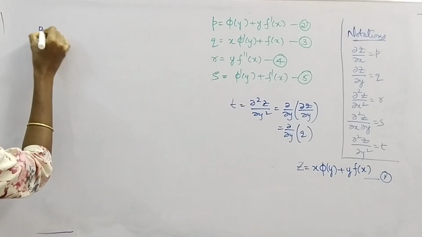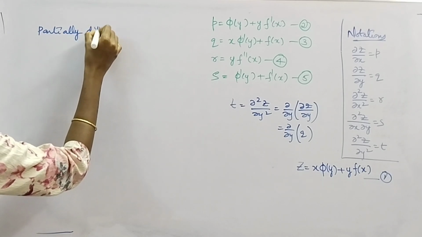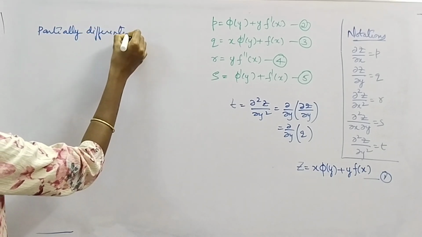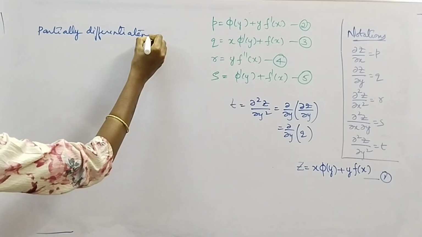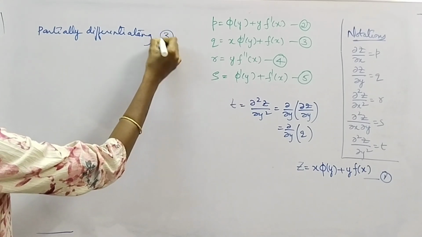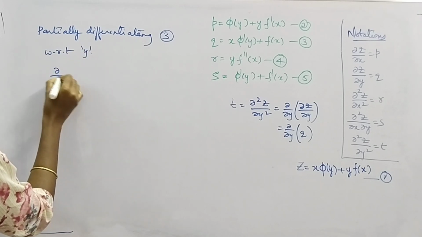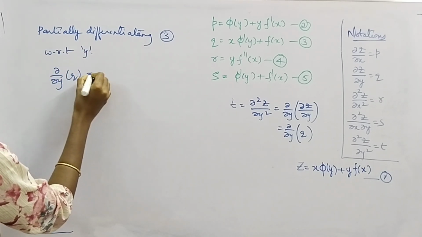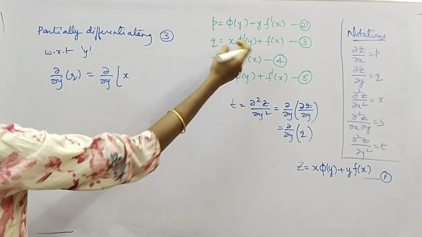Now let's partially differentiate. Partially differentiating 3 with respect to y, I'll just apply dou by dou y on both sides of 3.